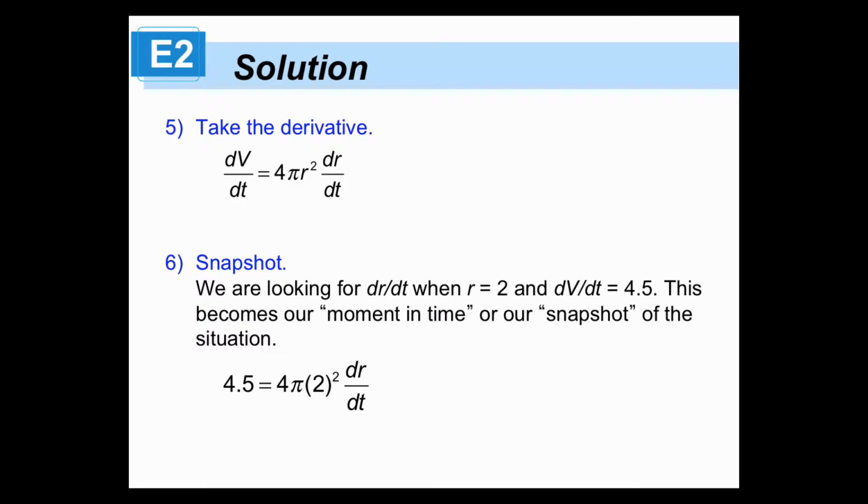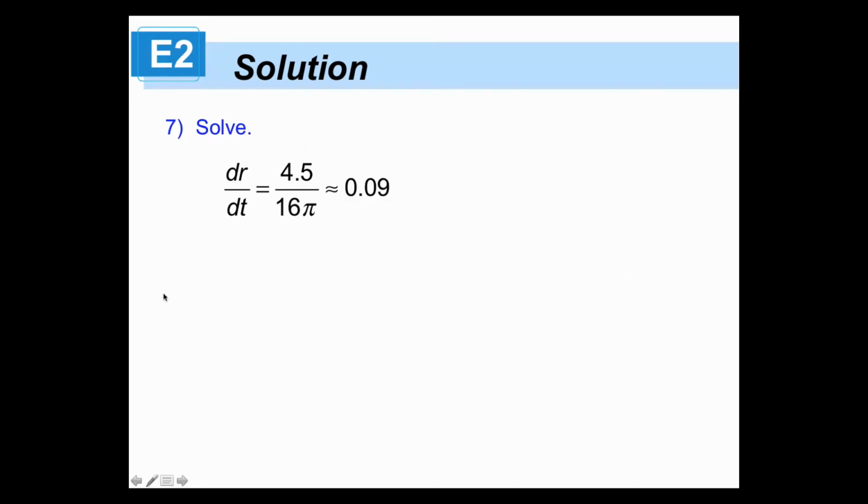Plugged in 2 for r, plugged in 4.5 for dv dt, and then solve for dr dt, which is 4.5 divided by 16 pi, which turns out to be that answer that I had over there, about 0.09. Okay, good. So solve, and we get that.